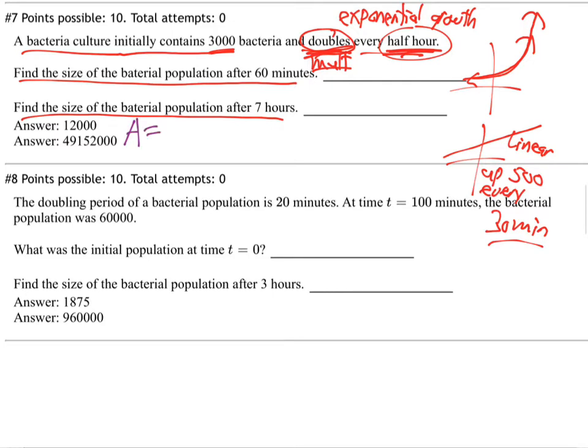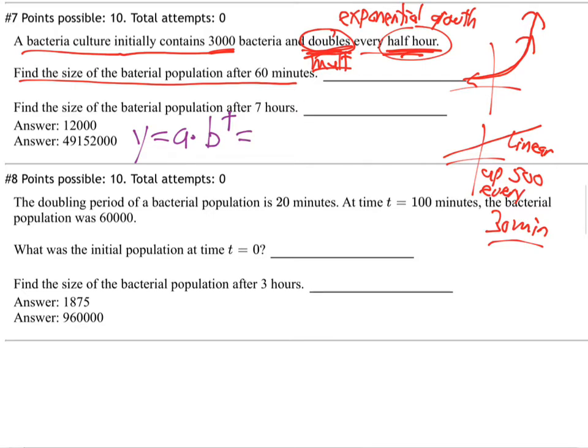A equals, well, you can use different versions. I'm going to use what we used in the beginning of this chapter. A times b to the t. Remember that formula? Y equals a times b to the t. Now the trick is, for doubling, it's going to be like this.